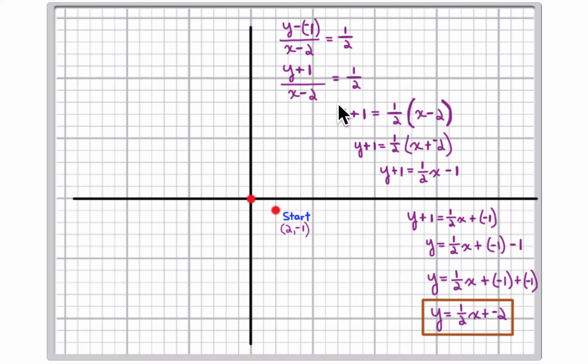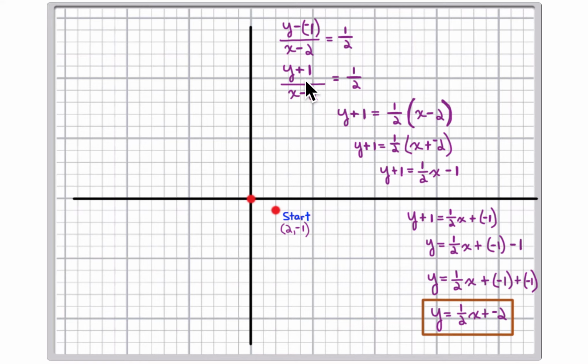But if you just work through it, y minus a -1 is the same as y plus 1, x minus 2, x minus 2. So this is the same now. And if you remember, you can say that the change in y is 1/2 whatever the change in x is. So whatever the vertical length is, it is 1/2 of whatever the horizontal length is along that slope triangle.